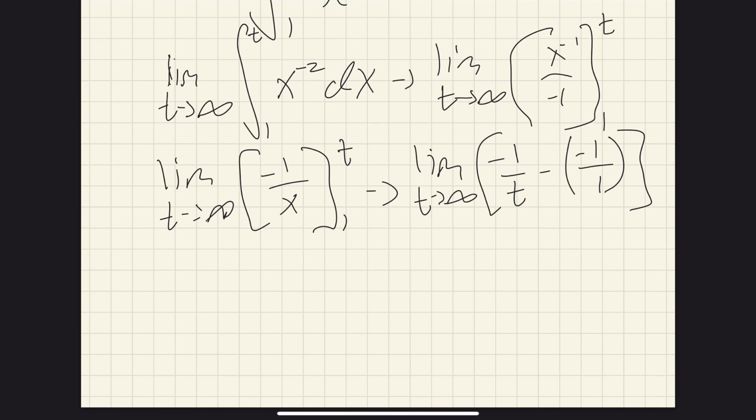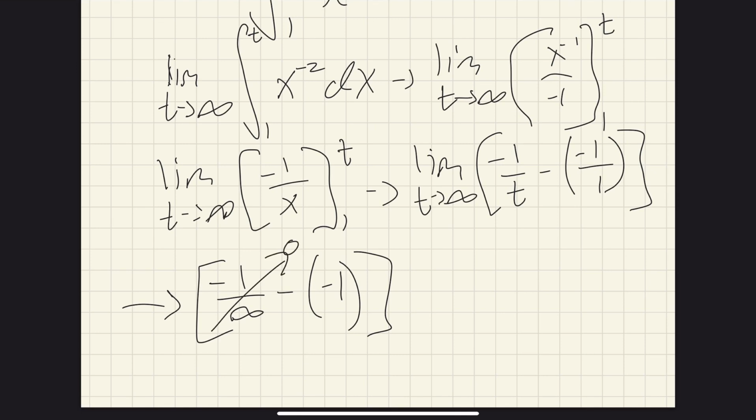So I don't have to rewrite the limit anymore, because I'm plugging things in. So we're going to get -1 over infinity minus -1. What is 1 over infinity? Well, that is just 0 in effect.